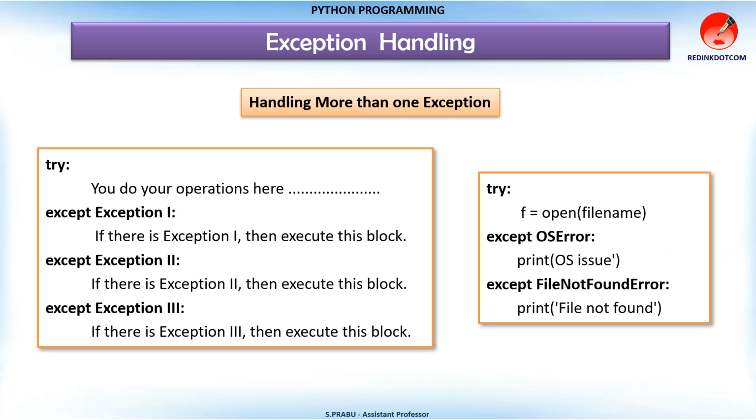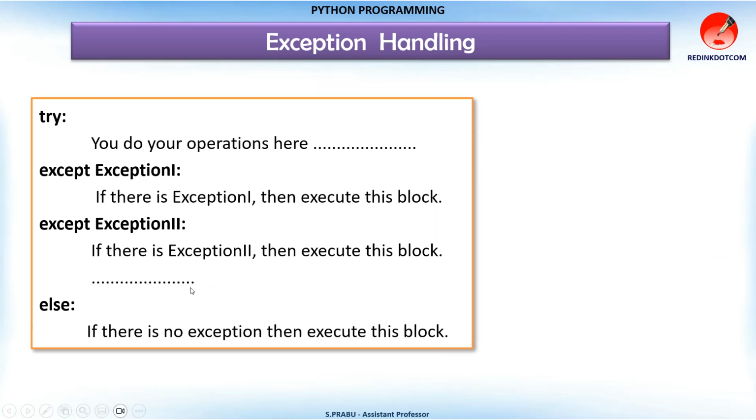The best example is if you want to read a file from an external source, the runtime error may happen due to an operating system error or sometimes the file may not be present in the particular location. So in that situation, we can throw two different exceptions like this. So a Python program may also handle more than one exception in a single program.